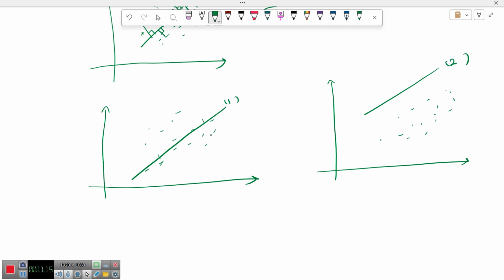Visually, which line do you think fits the data better? One or two? Which one seems to represent the trend in the data more accurately? If you want to rely on a visual inspection, which line would you choose as the best fit for the data? The correct answer is line 1.